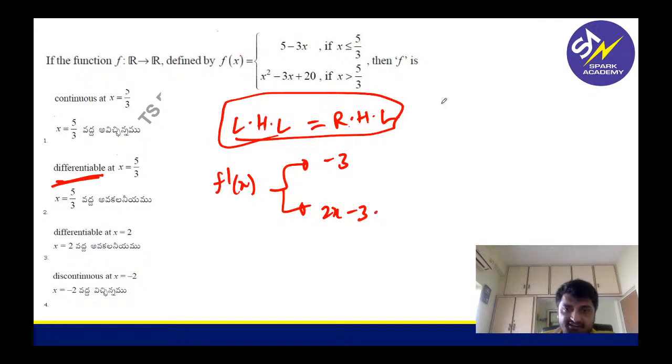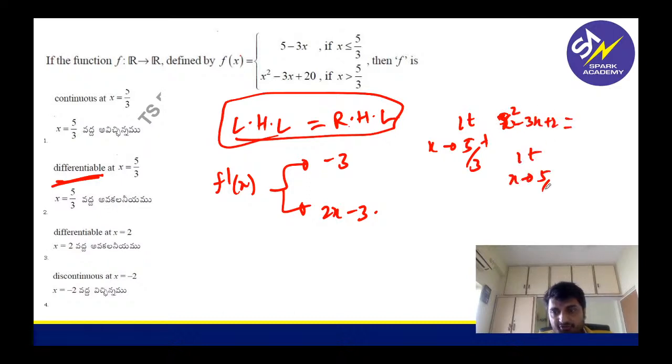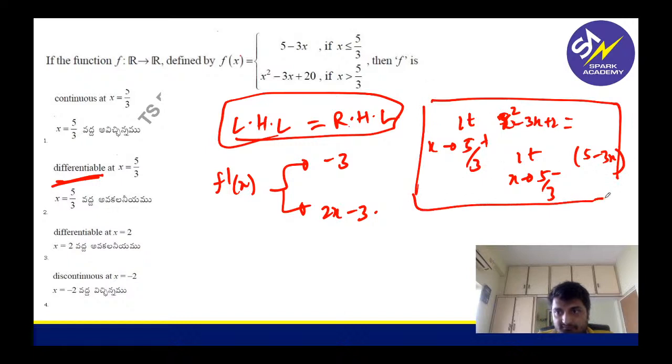Yes, very good, Sriranga. Limit x tends to 5 by 3 plus of x square minus 3x plus 2 equals limit x tends to 5 by 3 minus of 5 minus 3x. This is what we have, right?